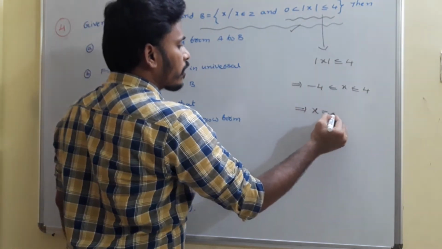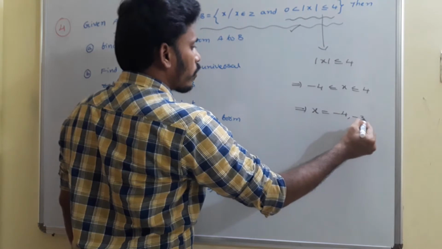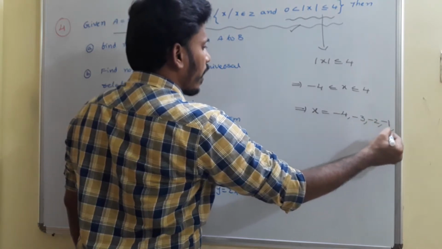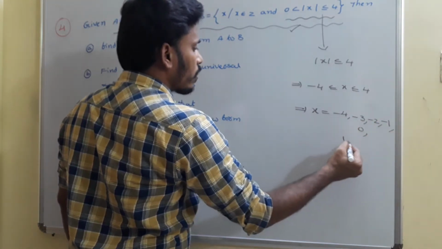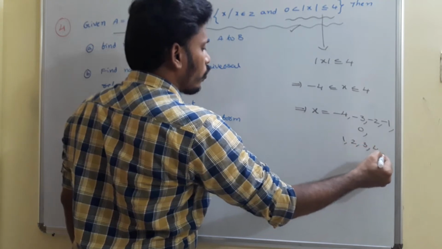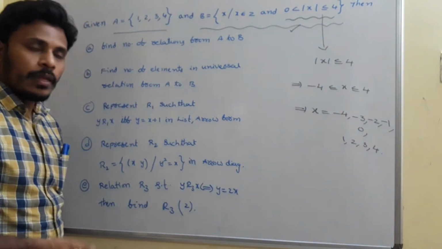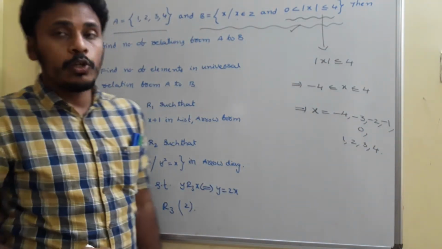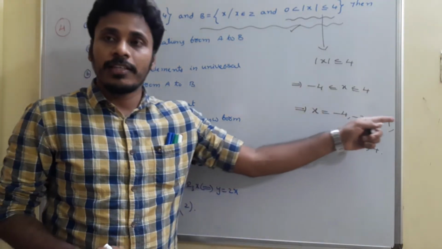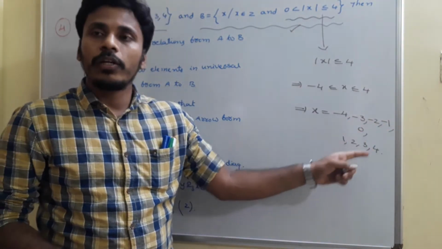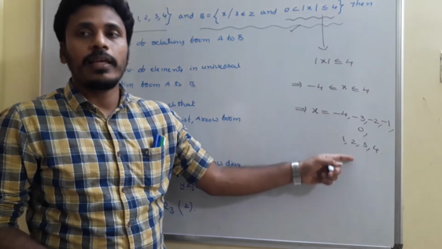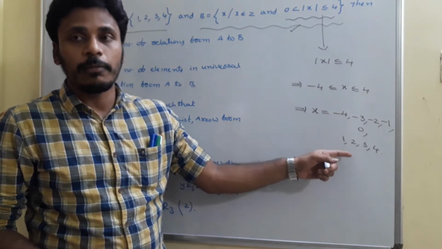As per that definition, x is equals to minus 4, minus 3, minus 2, minus 1, 0, 1, 2, 3, 4. At the end, the possible values for x are minus 4, minus 3, minus 2, minus 1, 0, 1, 2, 3, 4. So these many elements are possible in the set B.